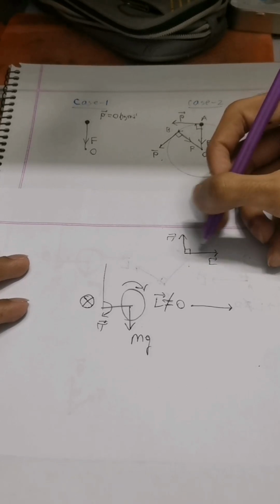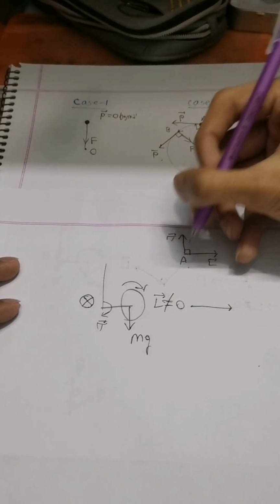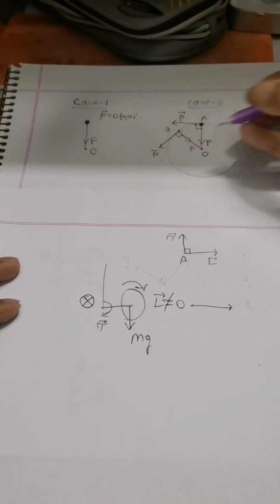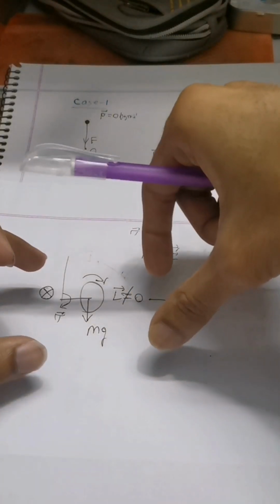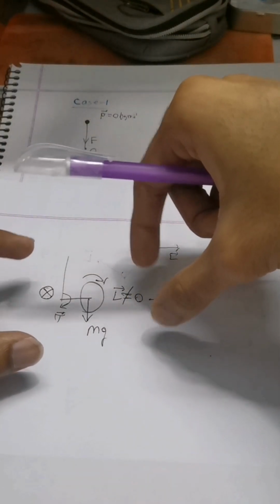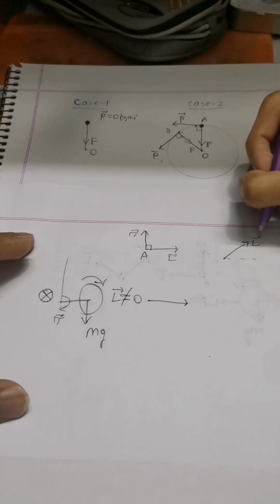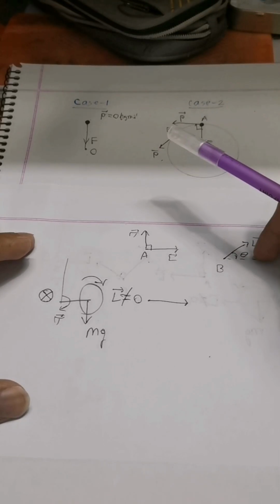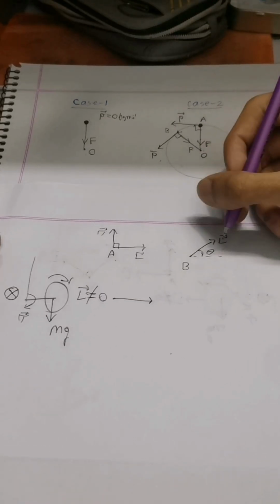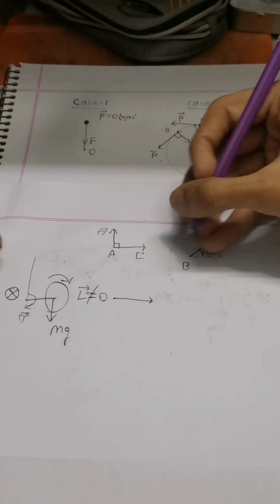Therefore, the magnitude of this angular momentum will not change, but only the direction of the angular momentum will change, like this setup. And suppose this setup rotates at angle of theta. So after a time t, it is rotated theta angle, and now the line of the angular momentum is right here.